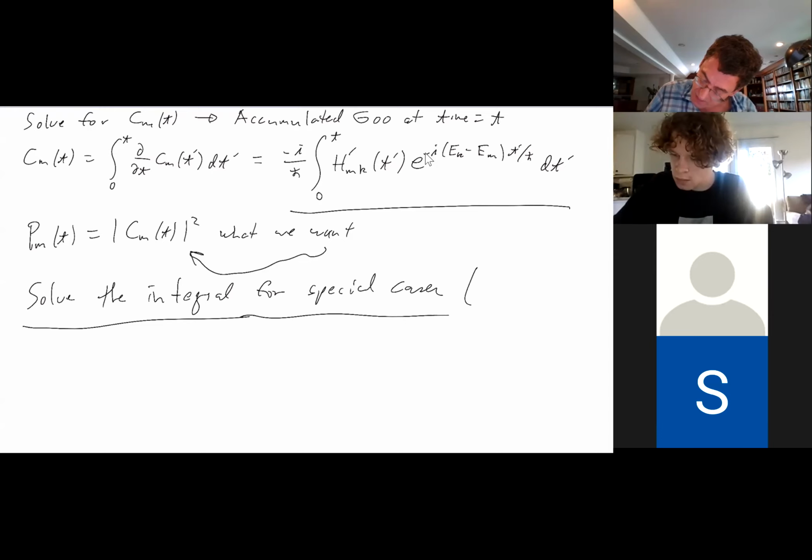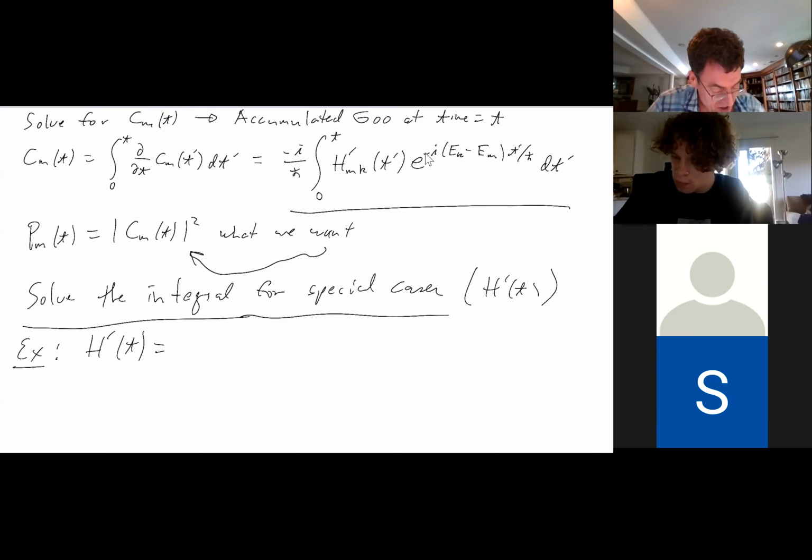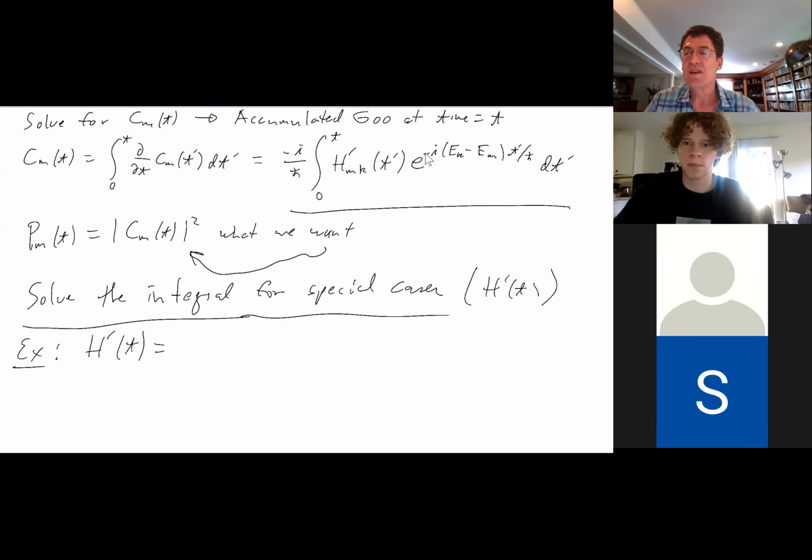And special cases mean special values of the Hamiltonian. So let's do the first simple example. Let's suppose that h prime of t is equal to the simplest example that you can think of. What do you think is the simplest perturbation that you could think of?